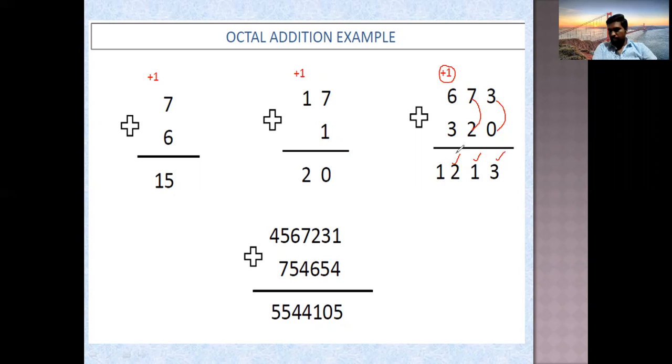Again we subtract 8 here, that's why you will get 1 carry here. So directly take the carry into the answer, because here we don't have any bit. So 1213 is the octal result for the given two numbers. Like this, you can verify this problem also.